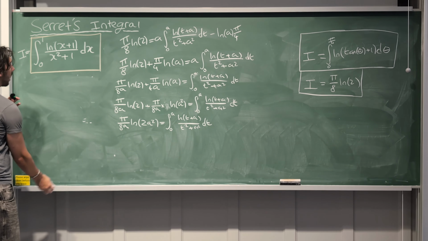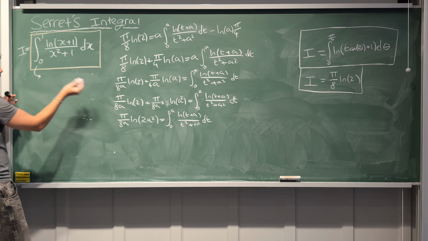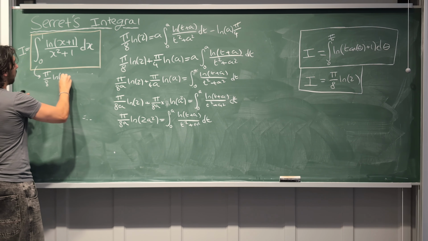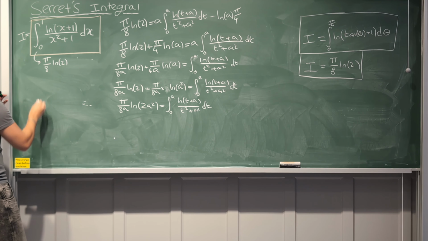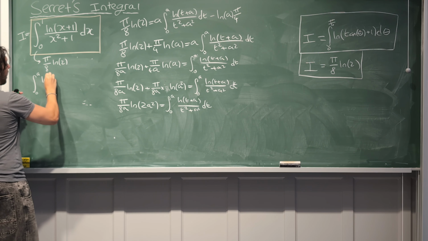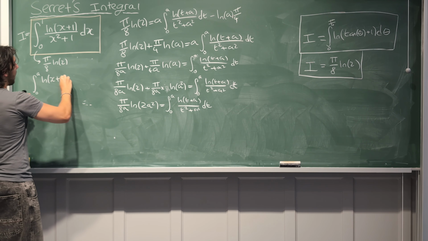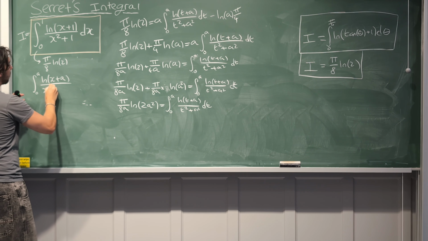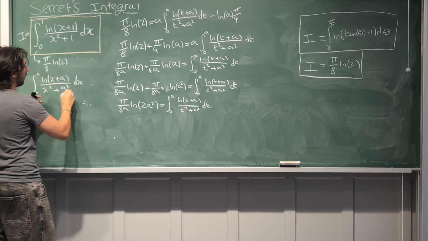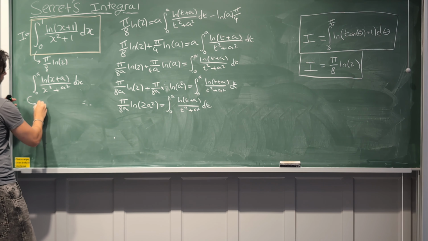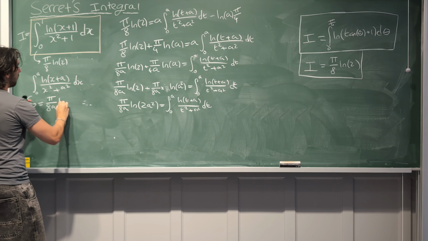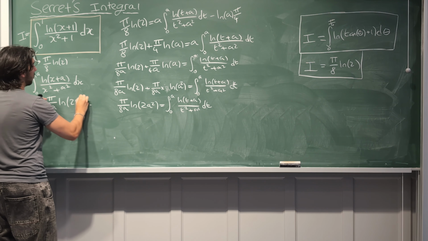We know that this one was equal to pi over 8 times the natural log of 2, but now we know something even cooler. The integral from 0 to a of the natural log of x plus a over x squared plus a squared dx is equal to pi over 8a times the natural log of 2a squared.